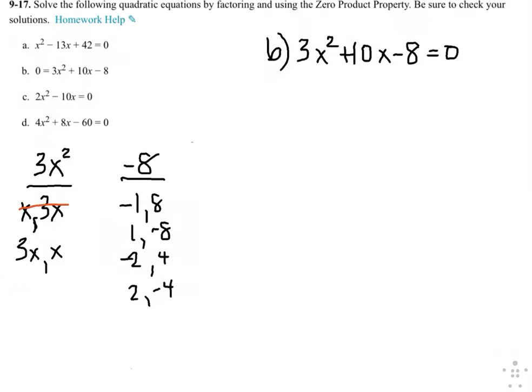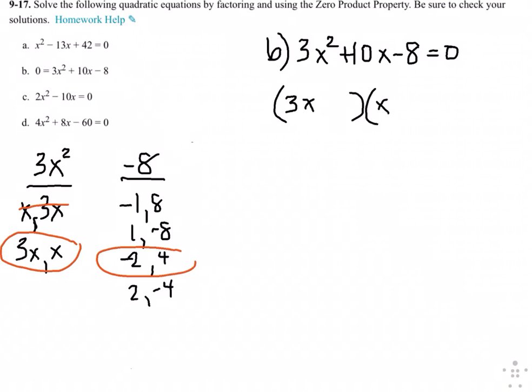Now let's try this. 3x and 8 is 24 minus 1, no. The next one, negative 20, no. Then I have 12 minus 2, so this one. So the one that works is this one, because the outers multiplied is 12x, and the inners multiplied is negative 2x, and I add them, I get 10x. So we now know that it's 3x and x and negative 2 and 4, equals 0.